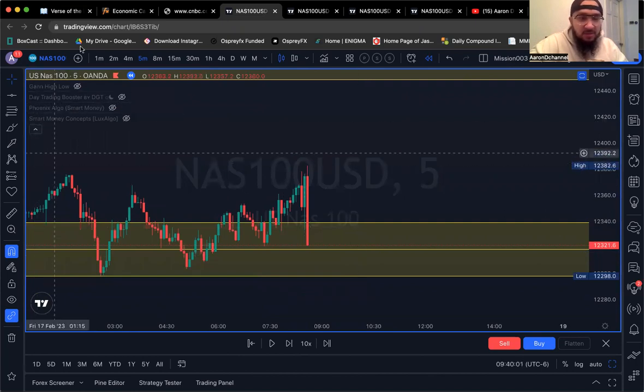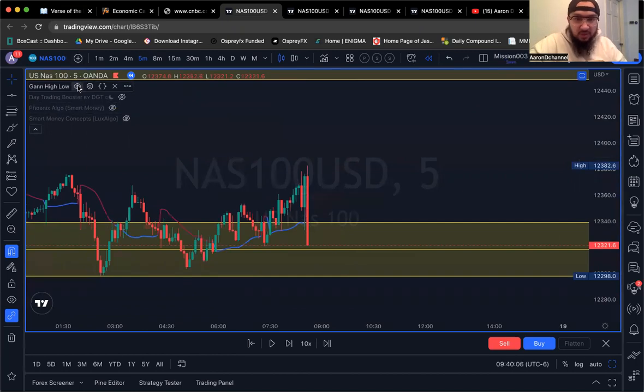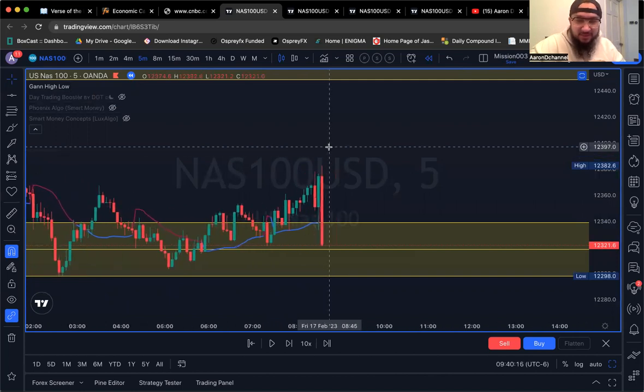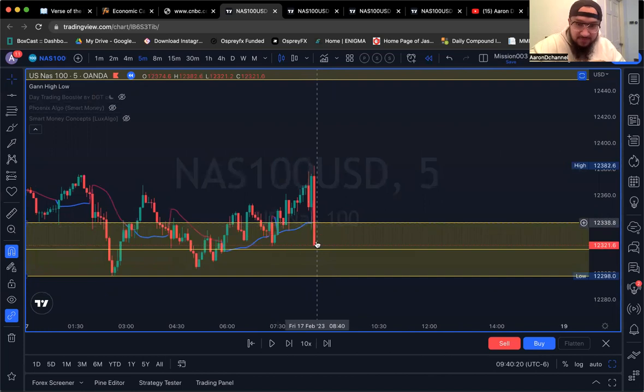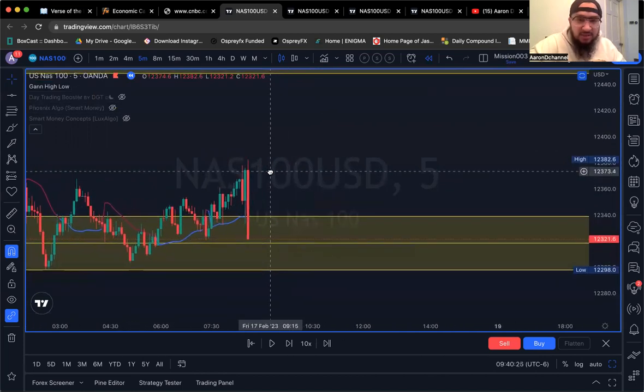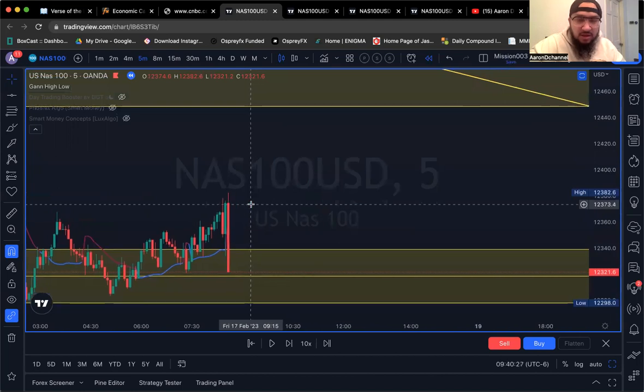I also use a couple of other tools that TradingView offers. One of them is basically a line on the chart saying when price crosses that line, I'm going to enter. And it does cross the line. But because we're in this area here, I need to predetermine what could potentially happen in the market.